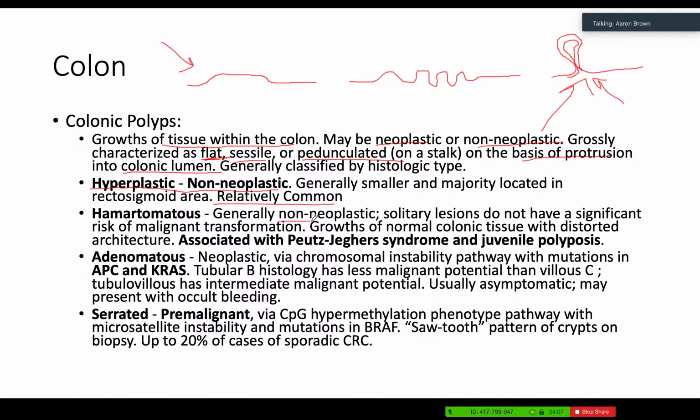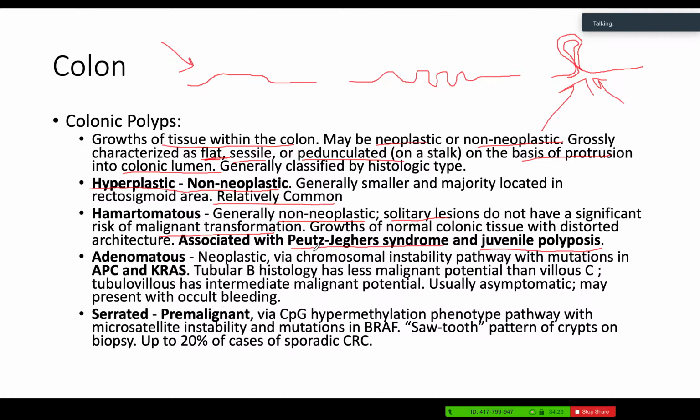Hamartomatous, usually non-neoplastic. The way that we describe these are sort of dark, almost look like purplish polyps. These are typically solitary. They don't have a high risk of malignant transformation, although it is there. We associate this with Peutz-Jeghers syndrome and juvenile polyposis.